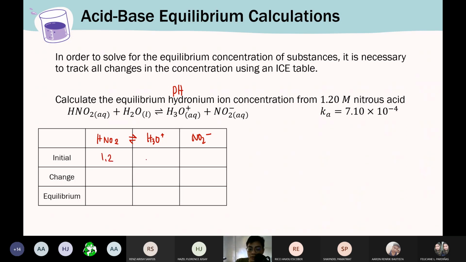How about the products? Ano kaya meron sa products? Do they have certain value or zero sila? 1.2 din ba sila or zero sila? Or something else?